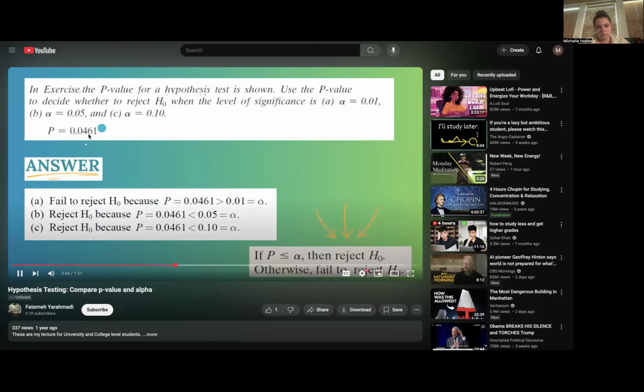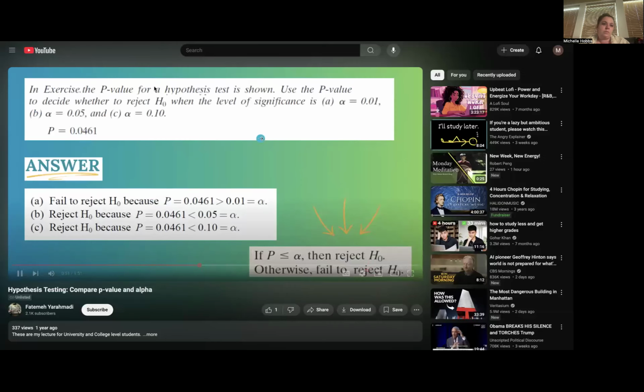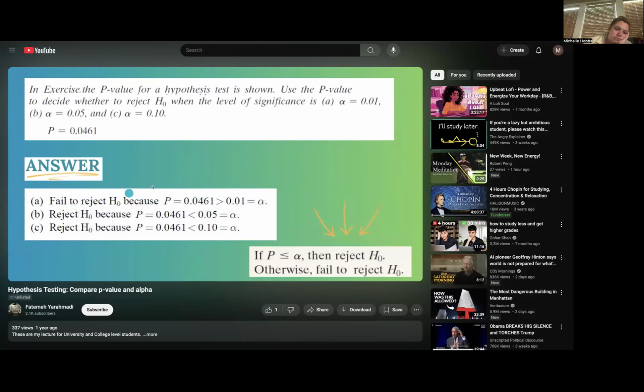If you round this, you get about 5%, but it is less than 5%. 5% is compared to 1%. Since 0.0461 is more than 1%, it means that you fail to reject the null hypothesis, or we support the null hypothesis.